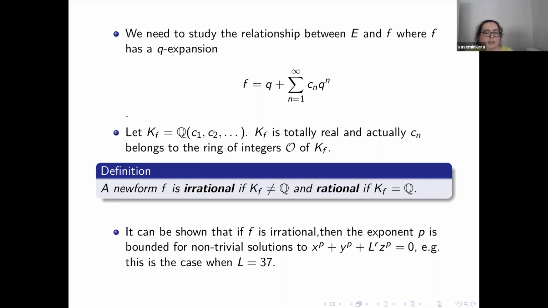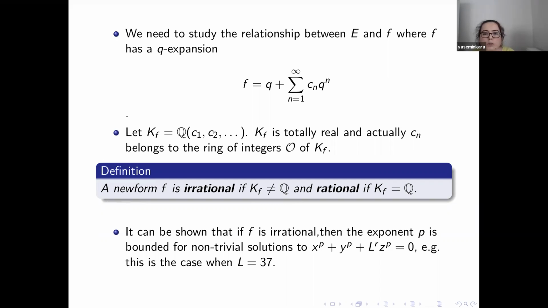Okay, and then it can be shown that if F is irrational, then you can bound the exponent for non-trivial solutions. For example, for L is equal to 37. This means that you can exclude this case.